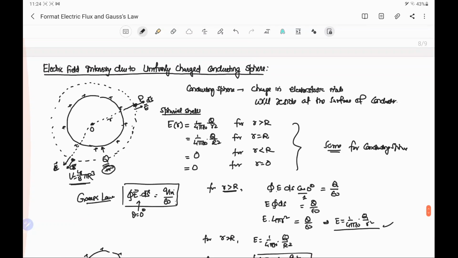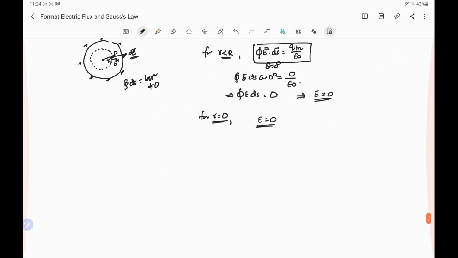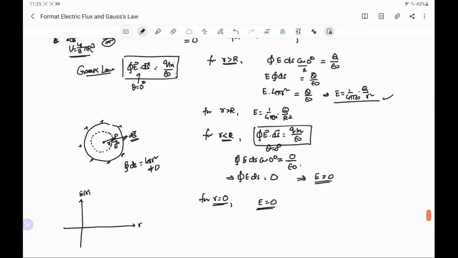And we can draw the graph for E and r, and it will be similar to the spherical shell. This is r, and on the y-axis we take E(r). We take the point r equal to 0 as the center at the origin, and this point shows the radius r equal to capital R. At r equal to capital R, the electric field is 1 by 4 pi epsilon naught Q by R square.